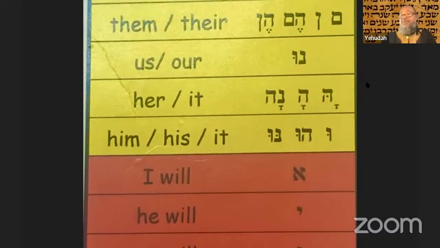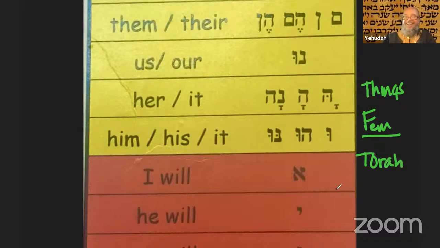So you might have some things that are considered feminine. One thing that I know for sure is feminine is the Torah. Now, something that's masculine could be a lot of things that could be a noun.